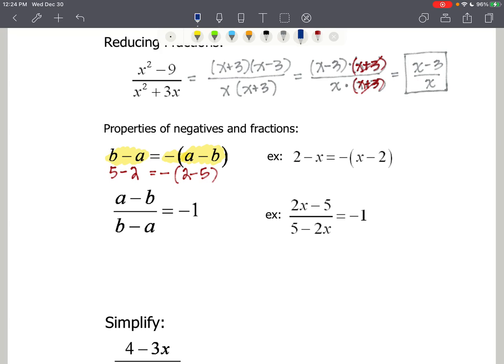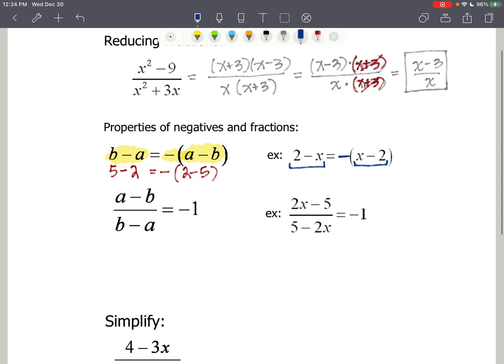Many times that's going to look like what we see over here. We'll have 2 minus x when we really need x minus 2. So we're going to make it x minus 2, but we'll put that negative out front so that we have an equal balance of our equation.